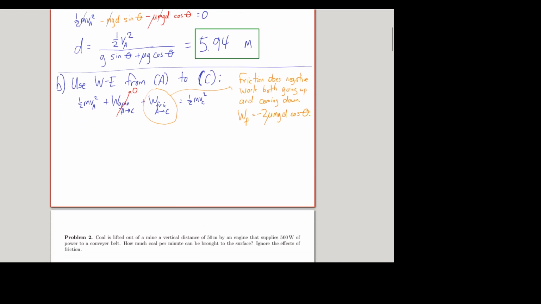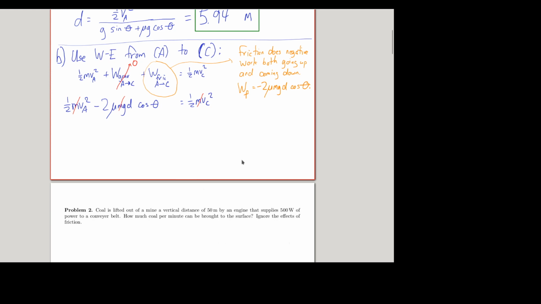So putting all of that in, I have 1/2 m v_A squared minus 2 mu mgd cosine theta equals 1/2 m v_C squared. I can now cancel all the m's.